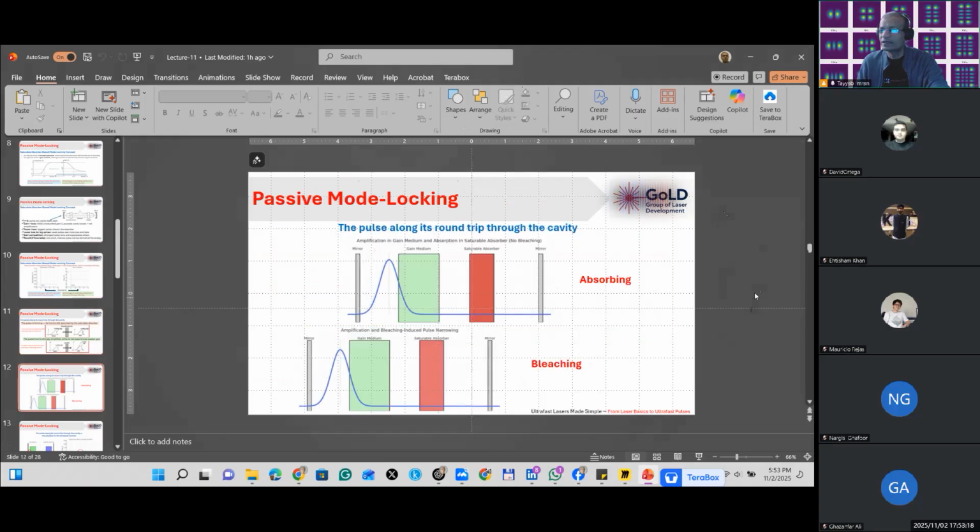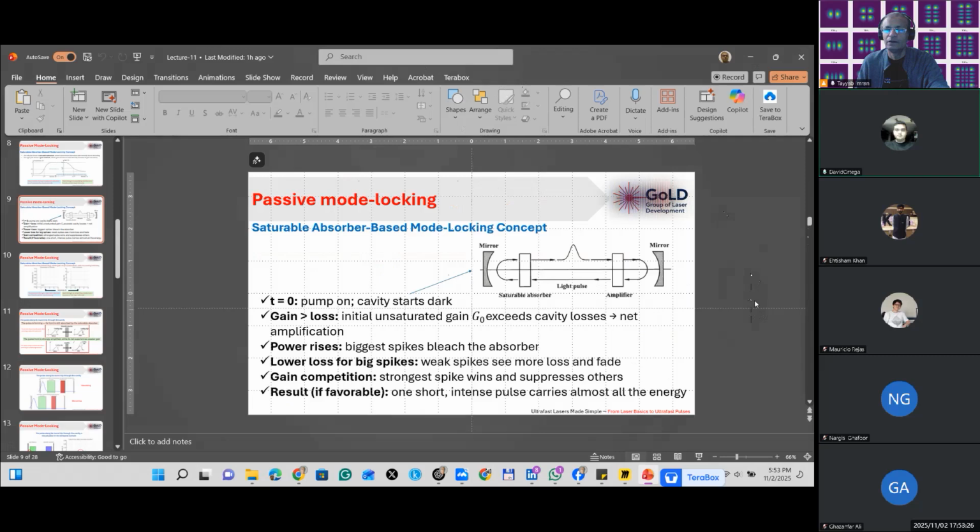Can you people see something or not? David: Yes, yes, we can see.